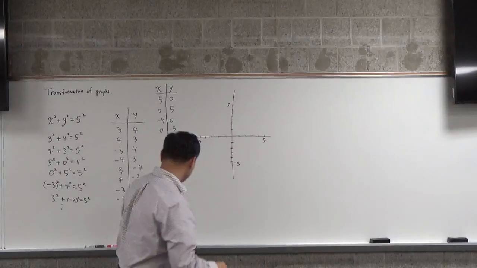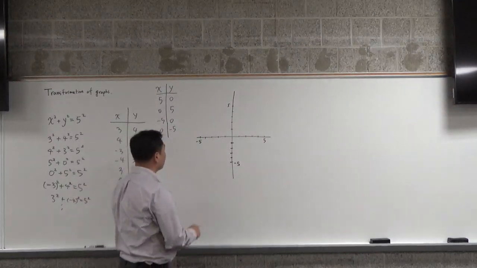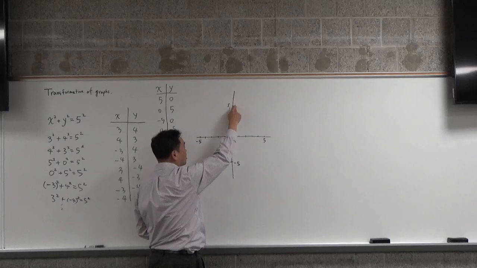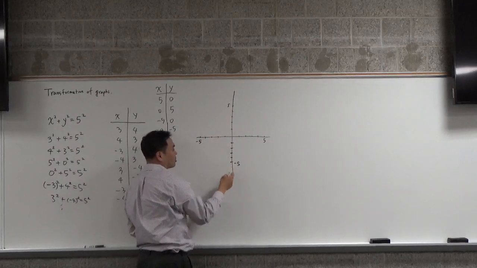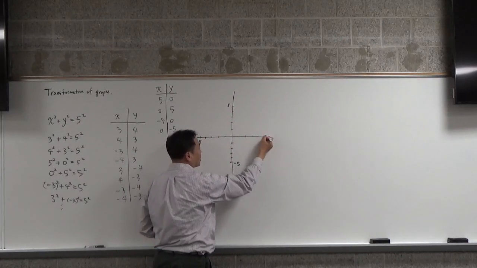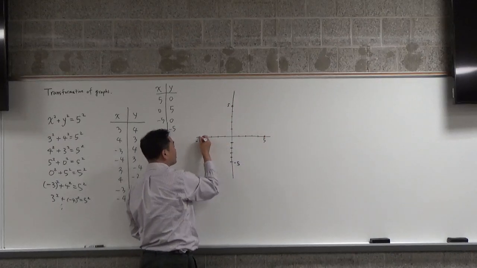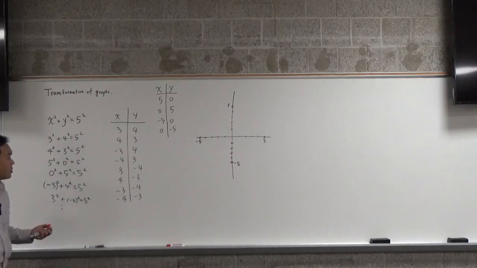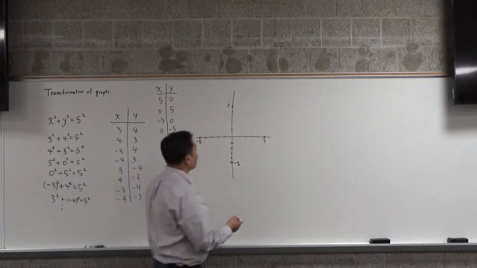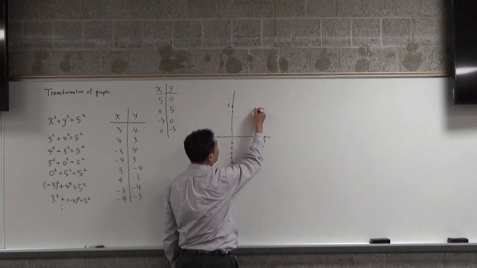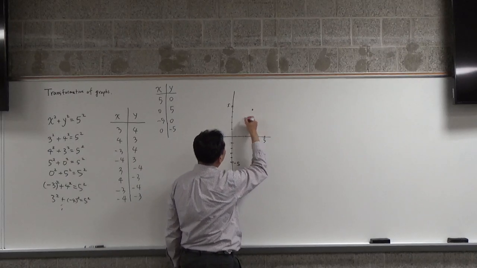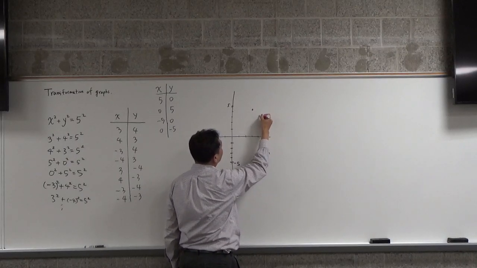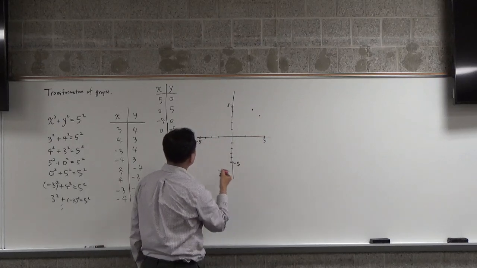First of all, these points, 5, 0, 0, 5, negative 5, 0, and 0, negative 5 are points on the graph because they satisfy the equation, right? And what about 3, 4? You have 3, 4, so it's over here. And 4, 3 as well, so there's another one here.